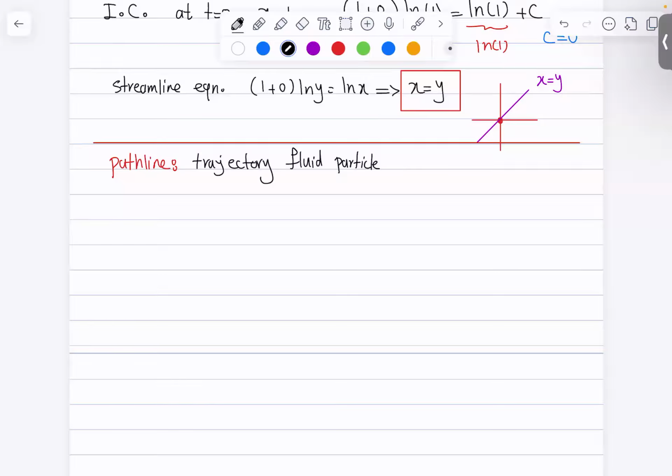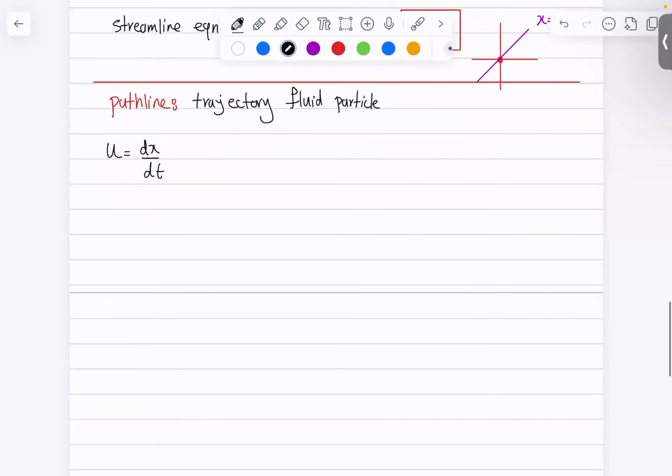Of course, that means that the path line is governed by u being equal to dx/dt, right? That's just the definition of u, and v is dy/dt. That's the definition of u and v, right?